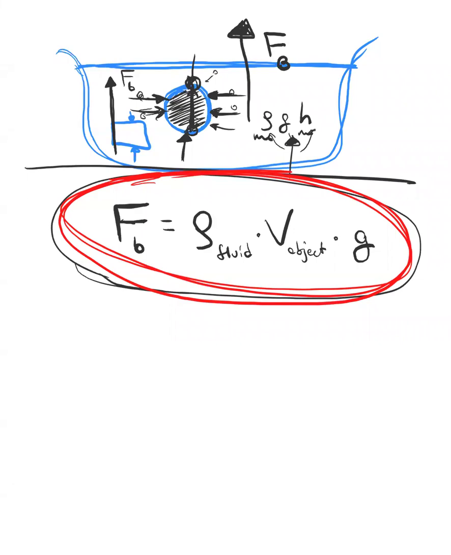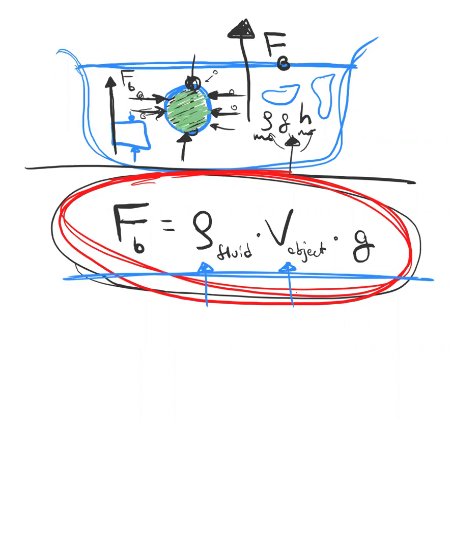And one thing that you probably noticed is that the buoyant force doesn't really depend on shape. If you have two objects, they could have different shapes, but as long as they have the same volume, they will experience the same buoyant force. In this formula, you have the density of the fluid and the volume of the object, and the volume of the object is the volume of the water that this object displaced.